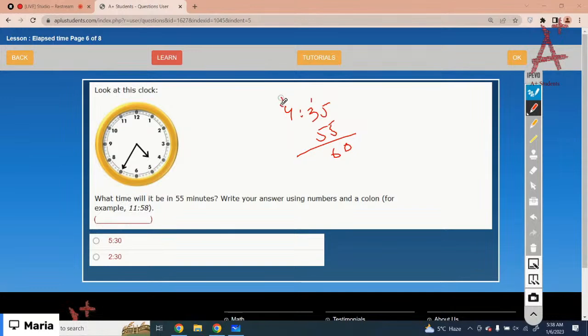So you have to carry 1. 30 minutes and it would be 5:30. Got it? So 5:30 it is.